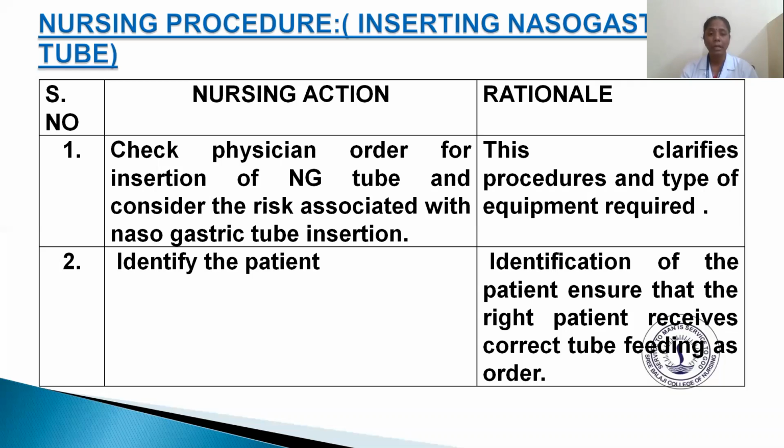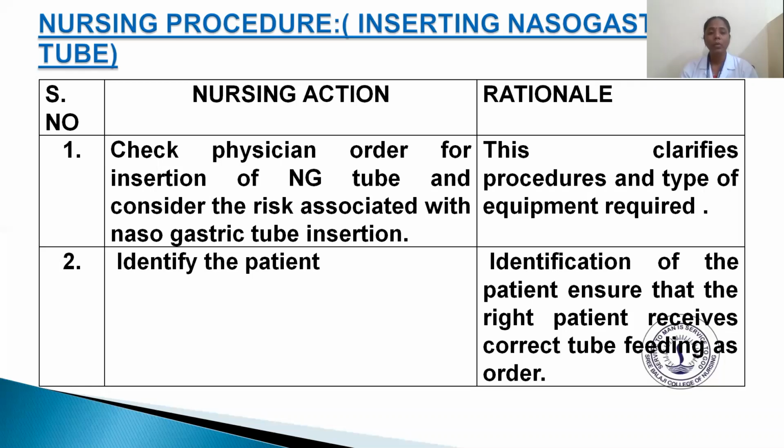You can clarify your doubt and check first whether it is a child, adult or adolescent. Depending on this, you can select the size. Another one is whether the patient is indicated for NG tube feeding or not. You can confirm that by the physician order only. That is the first nursing action and rationale.